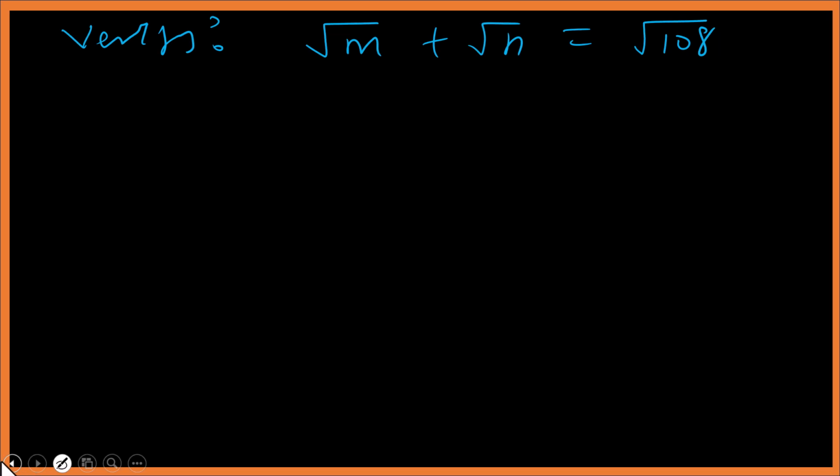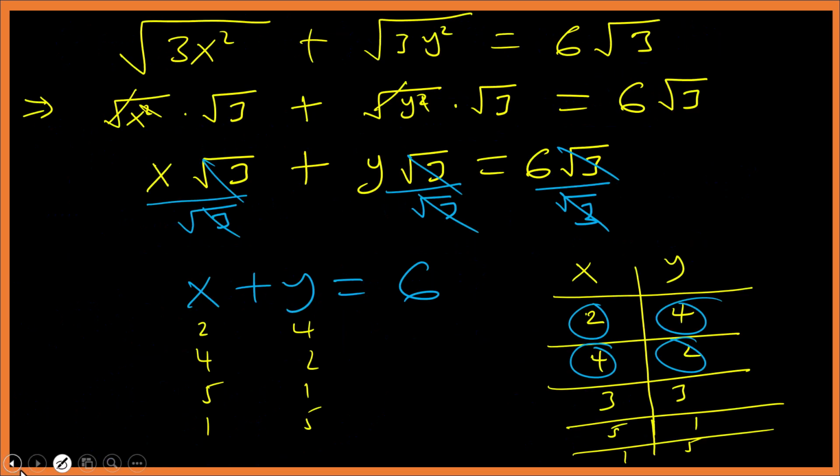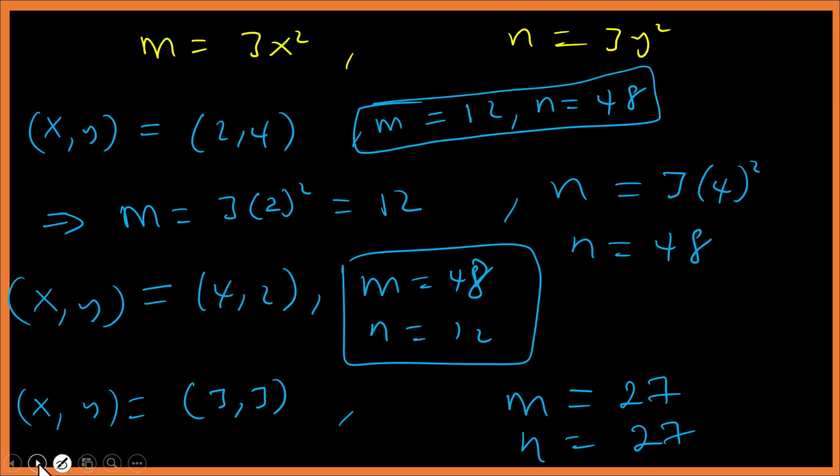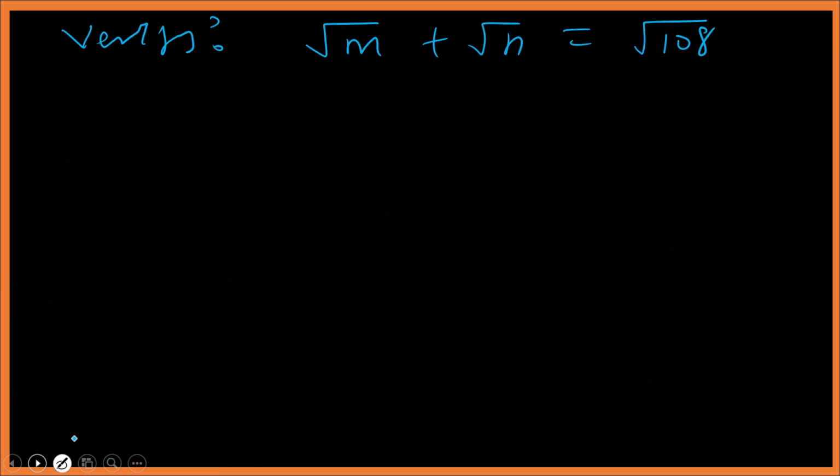So let's verify. Let's choose the first pair. Okay, let's verify the first pair. So 2 4 has given us 12 and 48. m is 12, n is 48.